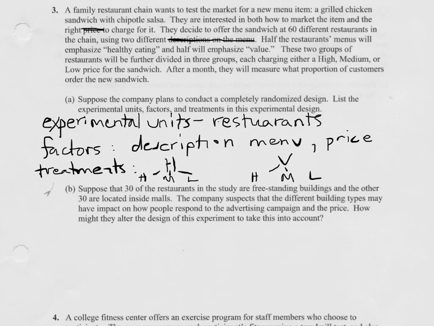So what we have is technically 6 treatments. Healthy high cost, healthy medium, healthy low, and then we have a value high, value medium, value low.